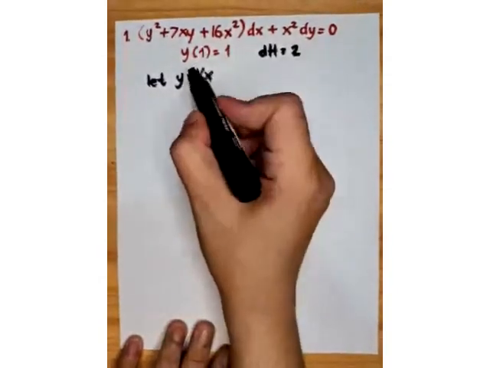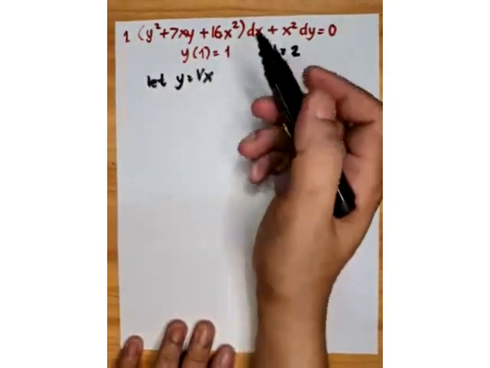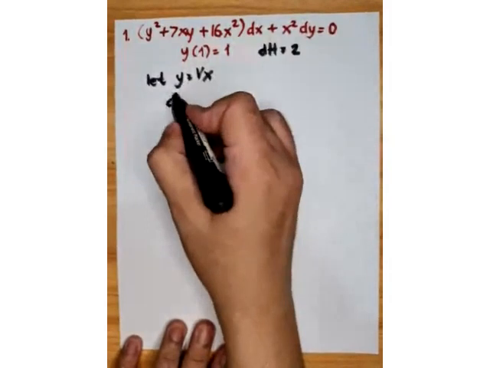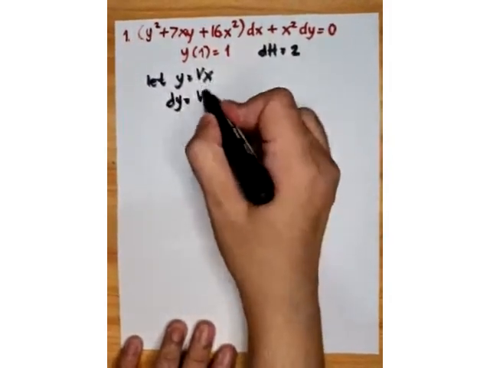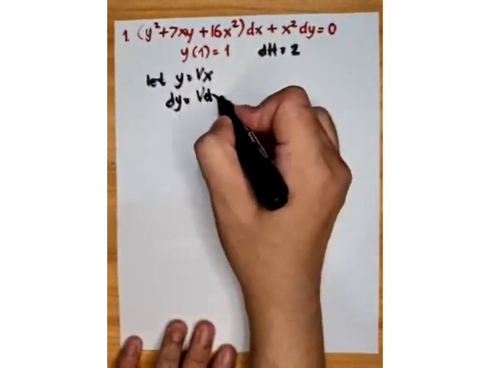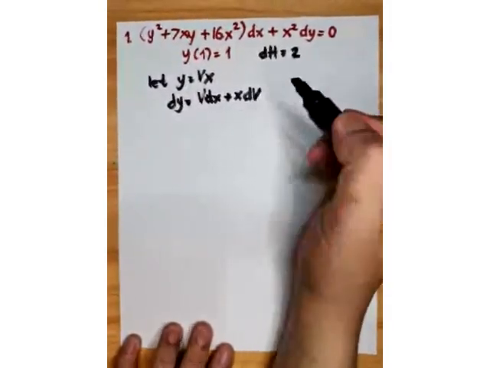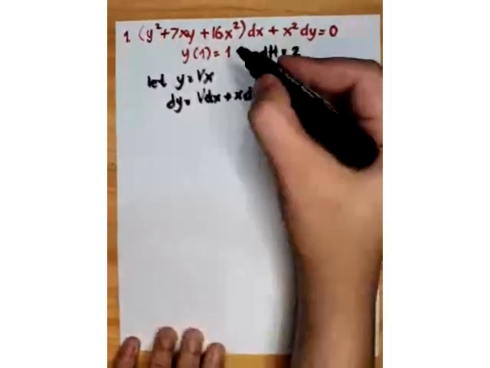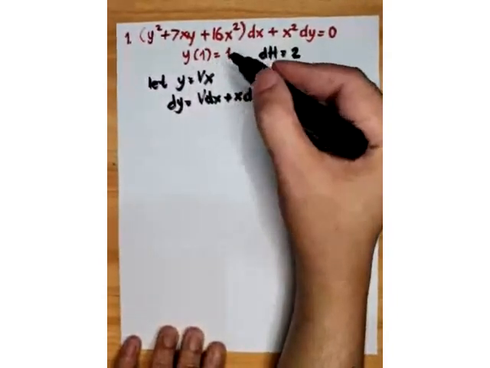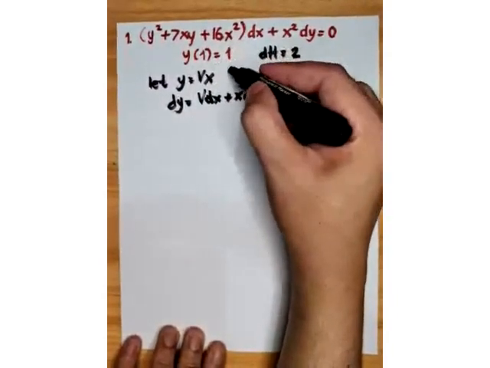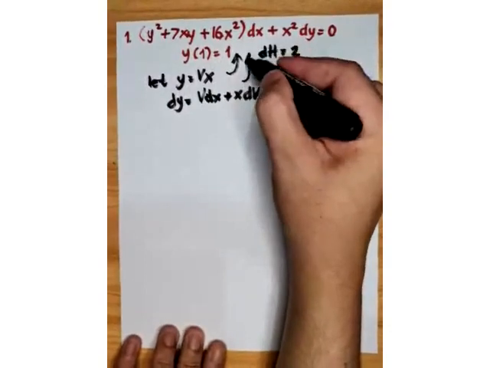Having this relationship of y and v, let's get the derivative. So dy is equal to, by product rule, v dx plus x dv.